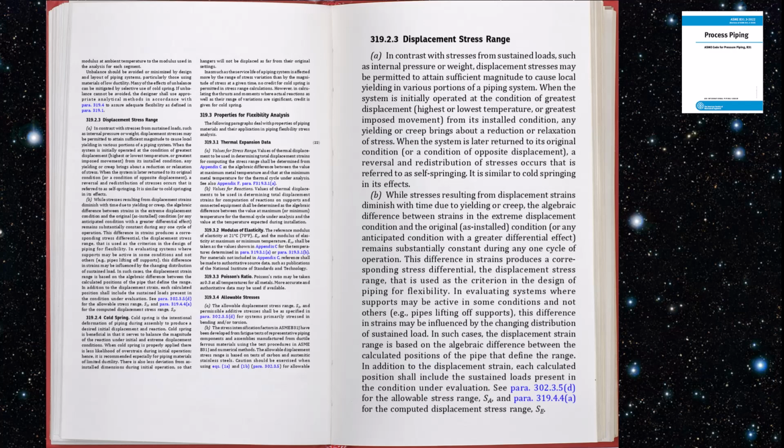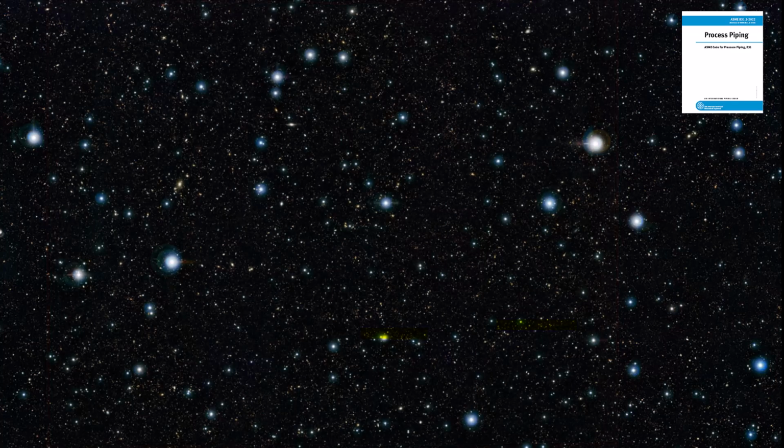So far, for displacement stress range discussion, we have looked at thermal and imposed loading. But what about sustained? Well, we showed that sustained had its own displacement, which is not included in this discussion. But what happens if the thermal displacement redistributes the sustained loading of the pipe? Let's look at that.